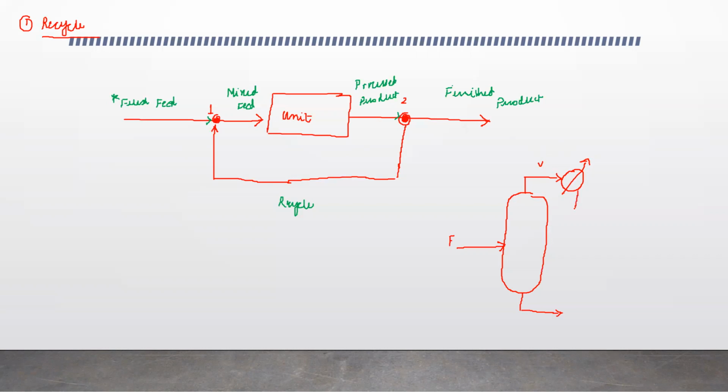Out of this liquid, some is sent back, while the remaining is drawn out. What has been drawn out is known as your distillate, and whatever has been sent back is the recycled liquid. So here recycling takes place in order to increase the efficiency of this process.